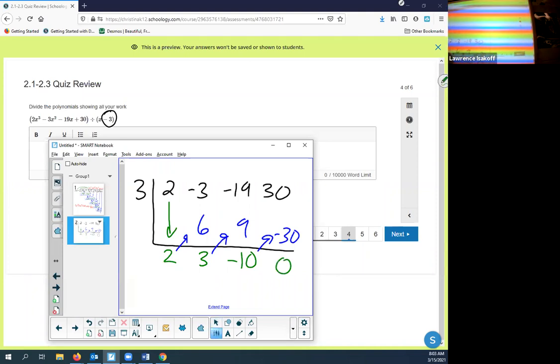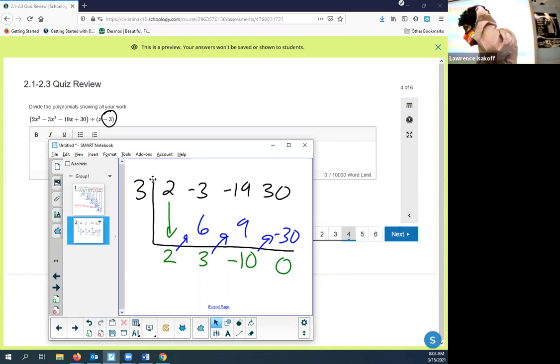So this has no remainder. Technically, that means, this will get into our next set of problems, that this has a remainder of 0. That means technically x minus 3 is a factor of this whole thing. Not what I'm asking in this problem, but it is something we can state based off of that.